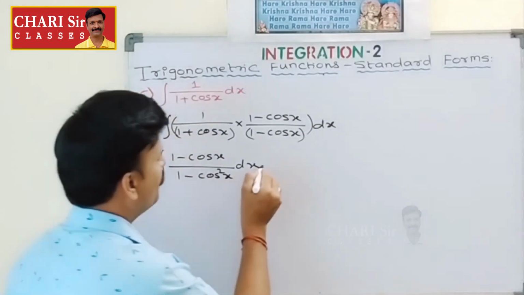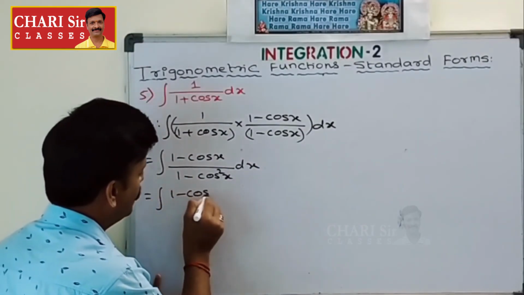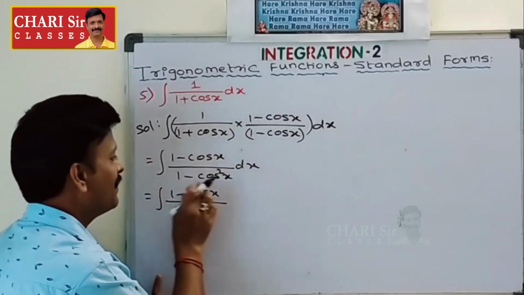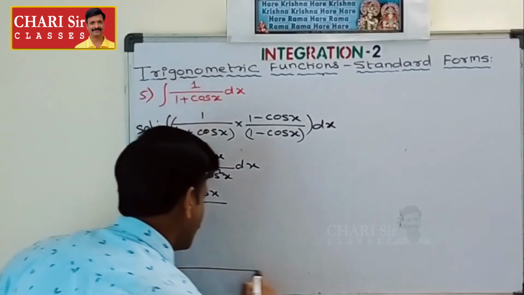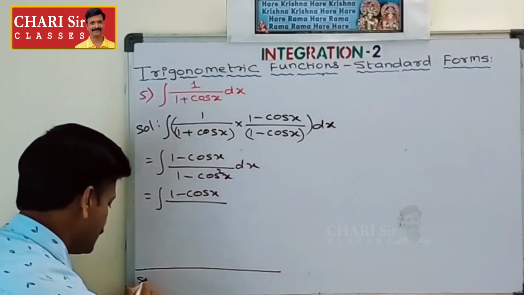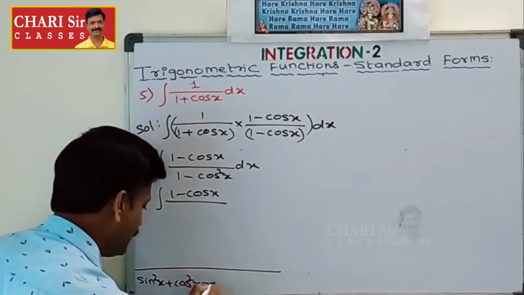Now from here, this is equal to 1 minus cos x by 1 minus cos square x. So the identity: sin square x plus cos square x is equal to 1.